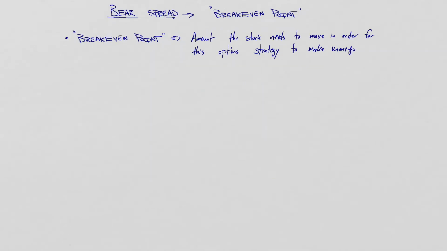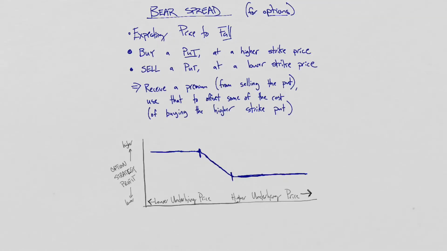So the break-even point in general is the amount that the stock or the underlying needs to move in order for this option strategy that we're looking at to be making money for us. And for a break-even point on a bear spread, since we're betting on a fall in the stock, this is the amount that the stock needs to fall by in order for us to start making money.